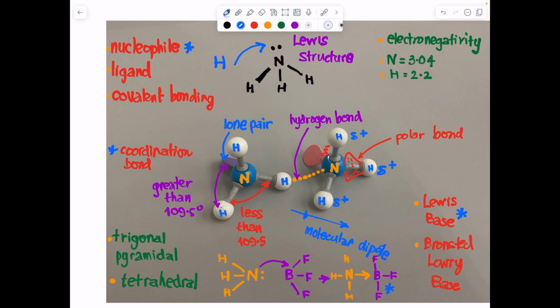Ammonia can also, of course, behave as a ligand, which means it would donate its lone pairs to transition elements like copper, for example. And ammonia, of course, has covalent bonding between the nitrogen and the hydrogen here, a sharing of electrons. So that brings us to the end of this first episode of A Minute with a Molecule.